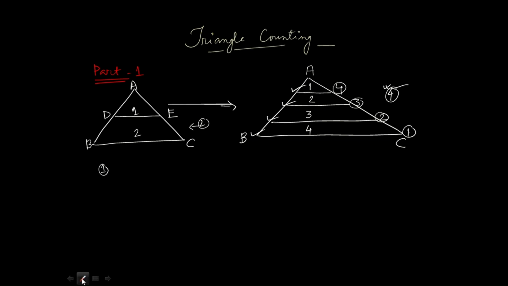So in part 2, it will be a bit harder. Part 2. These are the basics of triangle counting or figure counting. So now tell me, how many triangles are there in this kind of figure?